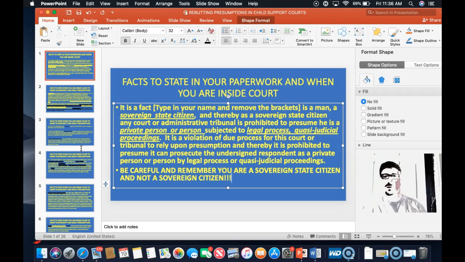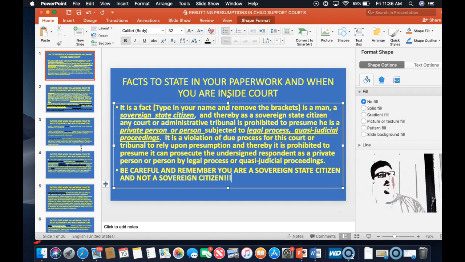There are two classes of citizens in our country. There are state citizens and there are citizens of the United States. Citizens of the United States are citizens of the corporate United States. In 1871, they created another version of the Constitution with the 14th Amendment, but it was the Constitution for the United States, not the Constitution for the United States of America.